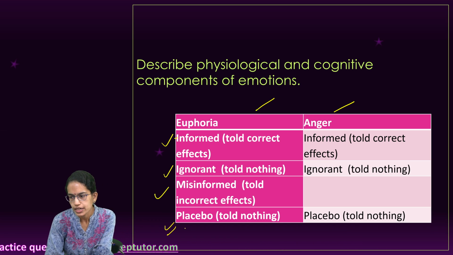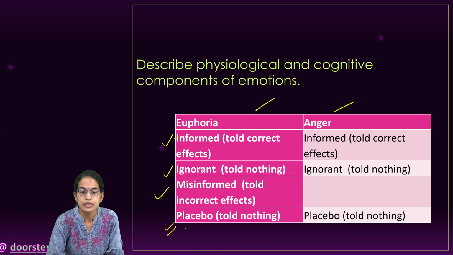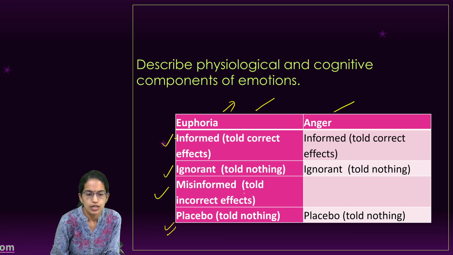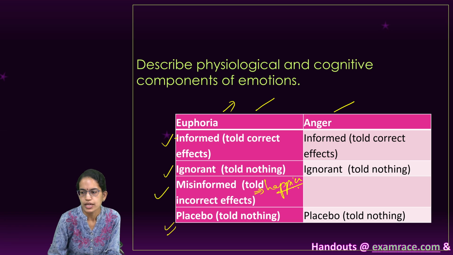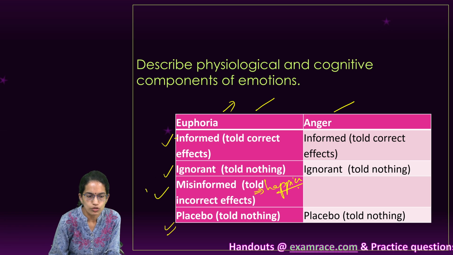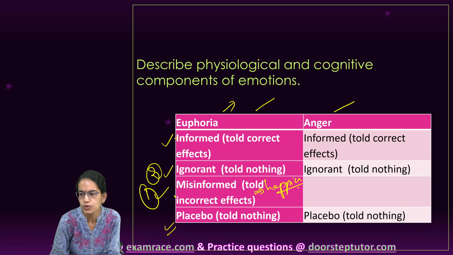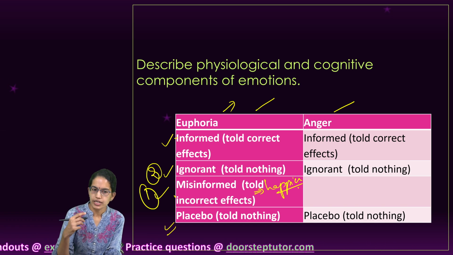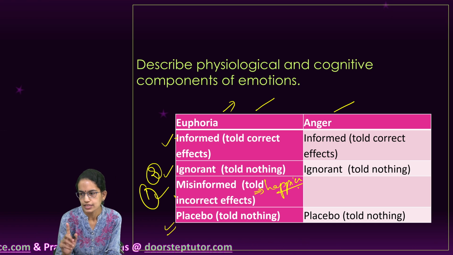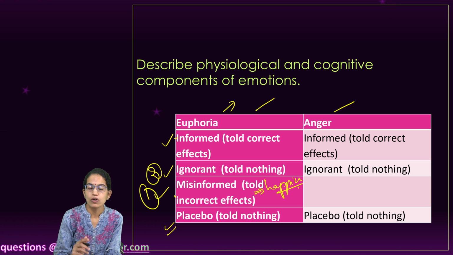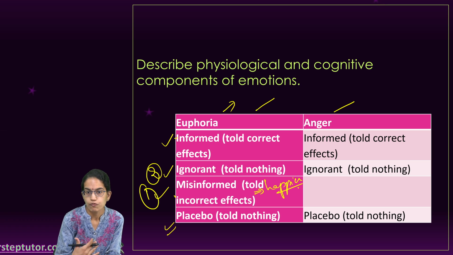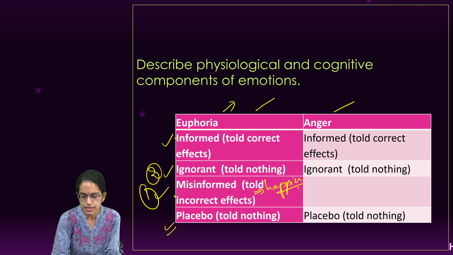In the euphoria condition, the misinformed participants felt much happier. The second happiest was the ignorant group. This demonstrates the important role of euphoria, because the participants interacted with friendly people and started to play more easily in one room.